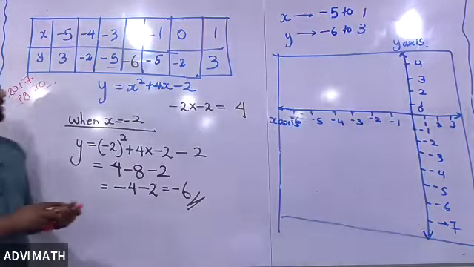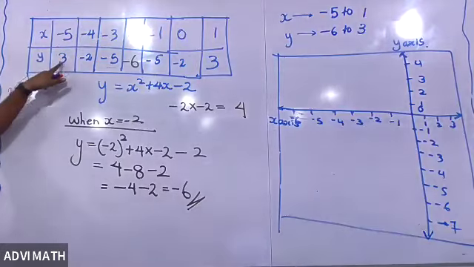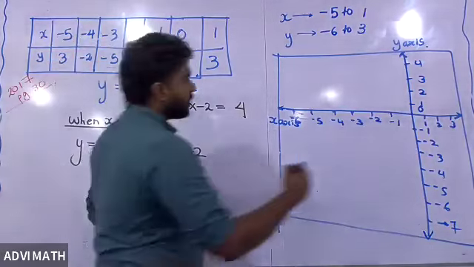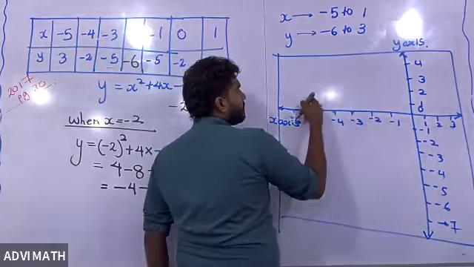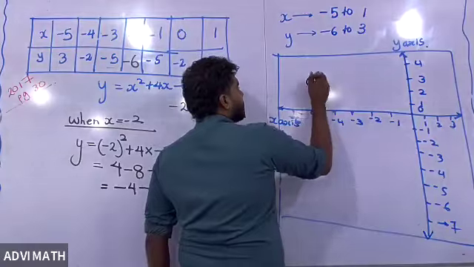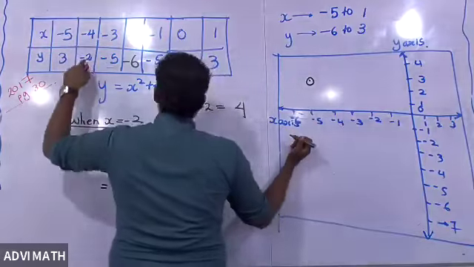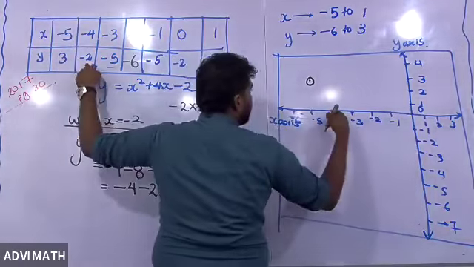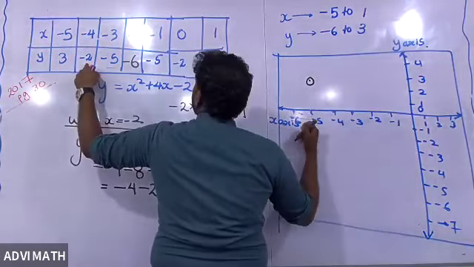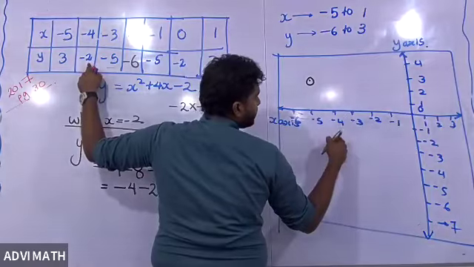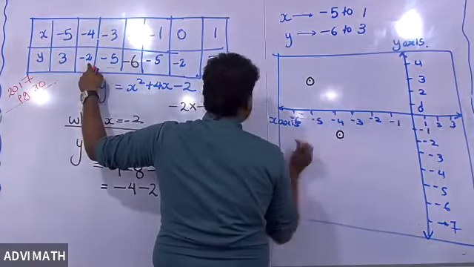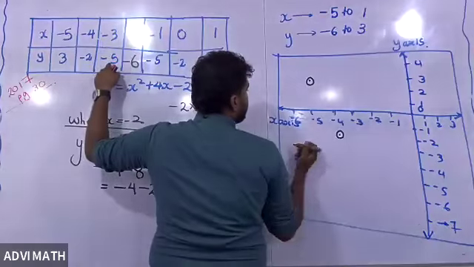Now what is my first coordinate? -5, 3. Where is -5? Where is 3? Keep a dot, circle it. -4, 2. -4, 2. Where is it? It's here. Put a dot, circle it. -3, -5.